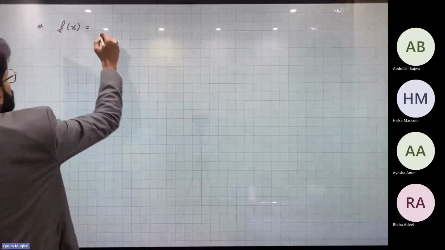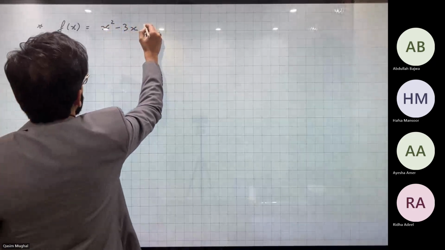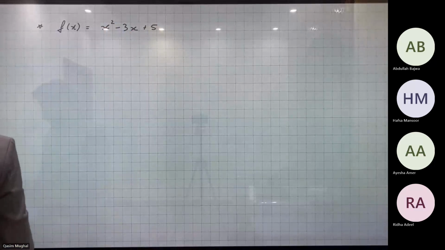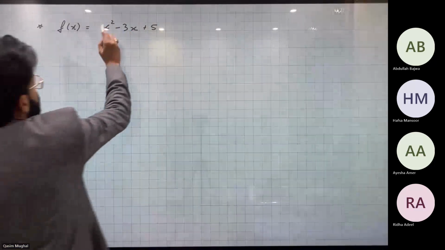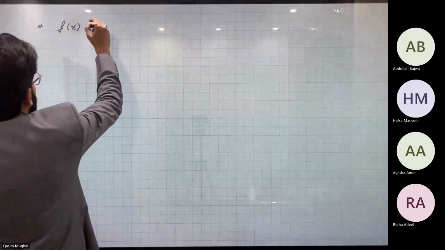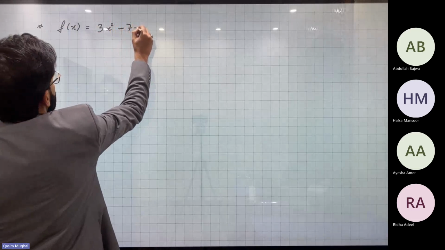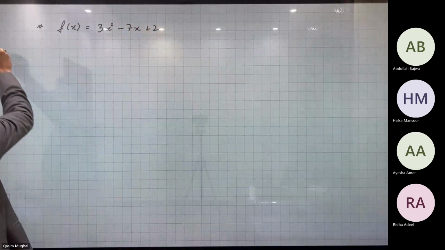Let's suppose we have a function, actually sorry, 3x squared minus 7x plus 2. 3x squared minus 7x plus 2.